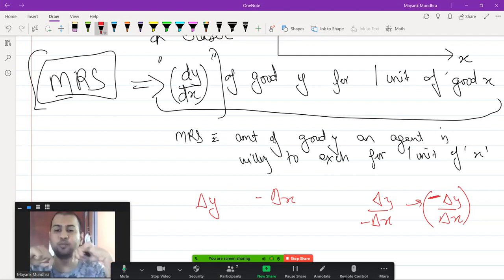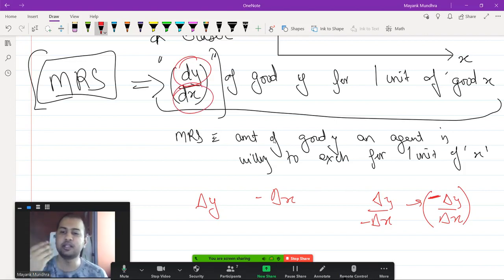So we are imposing a negative in front of it because dy is the change in good y and dx is the change in good x. When you enter an exchange, either y or x will reduce. So one of these quantities will be negative, one will be positive, and the ratio as a whole will become negative.